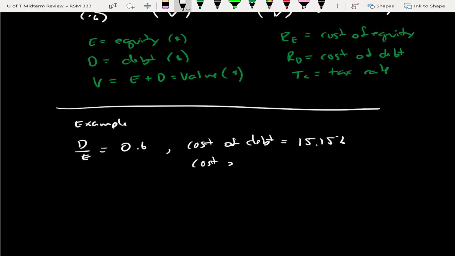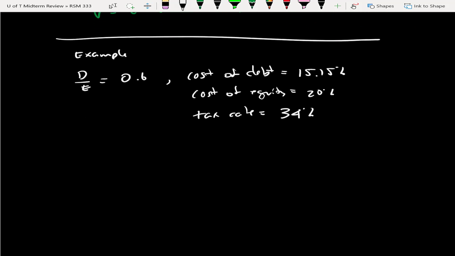Cost of equity is equal to 20%. And the tax rate is 34%. And the question is, calculate what the weighted average cost of capital is.